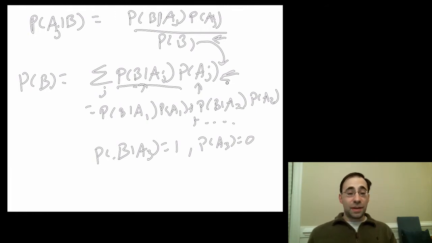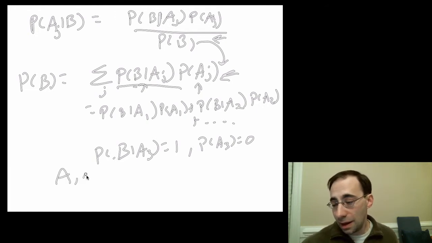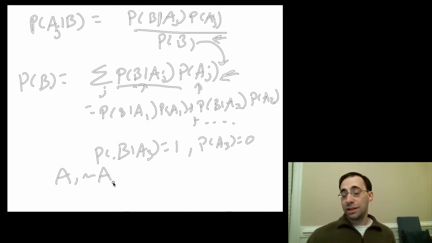Now this too is not the most common way of seeing Bayes' rule. Typically we might consider only two actions that could happen, A and not A. This is often common in game theory in particular.